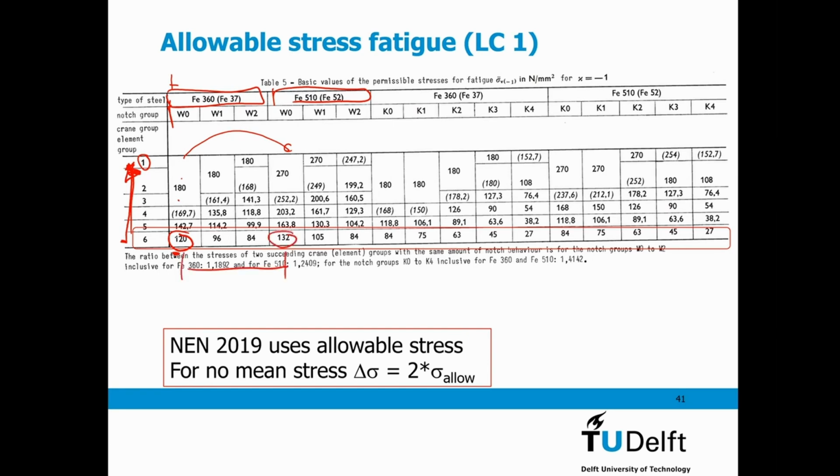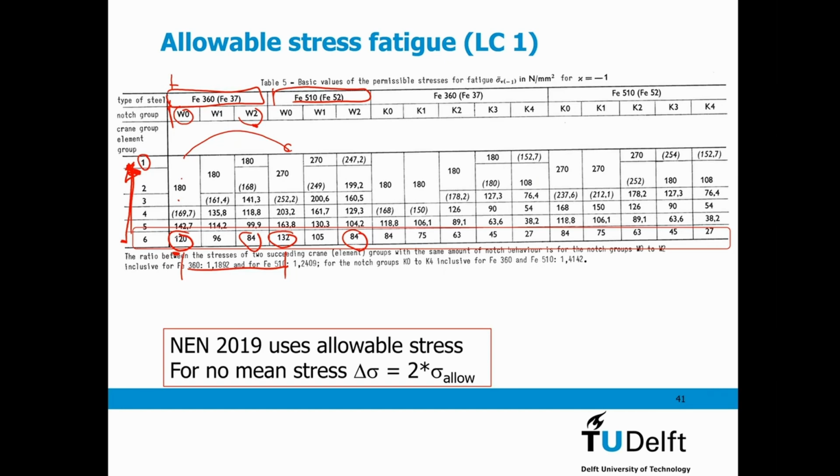So there is a difference for the non-welded part, but that is not that big, and that is only in the case where you have W0, so there's no stress concentration in the plates. So for W2, these values are already the same. So if you get stress concentrations, then the effect of better quality of material is already gone.